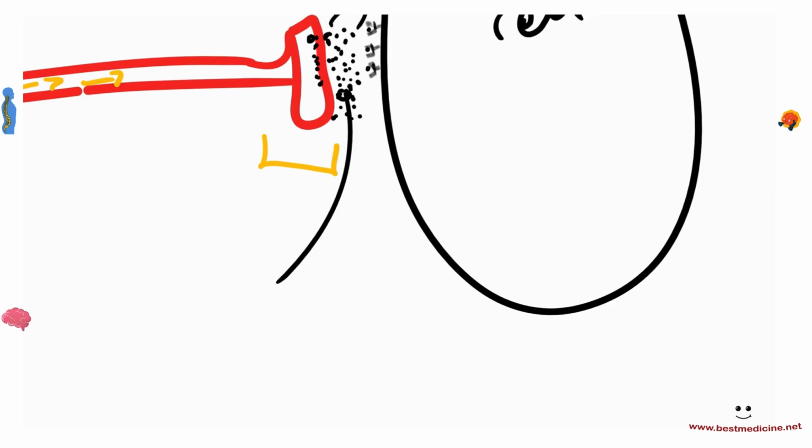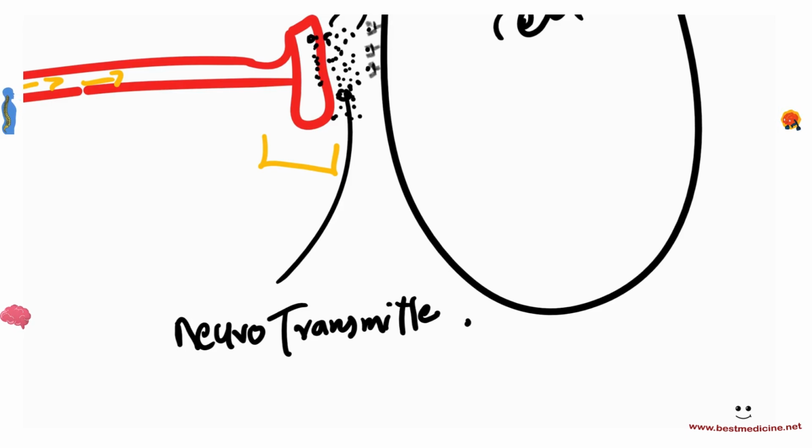And these chemicals, because they're transmitting nerve impulses, are called neurotransmitters. Okay, these chemicals are called neurotransmitters. A popular neurotransmitter is acetylcholine, if you want to know, although it's not part of at least GCSEs.